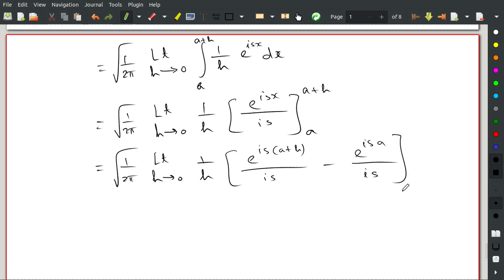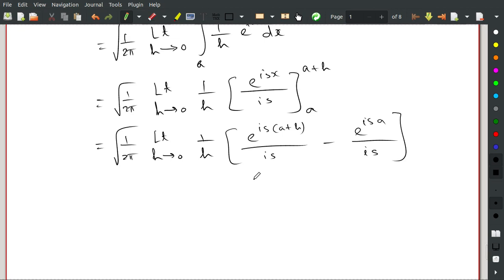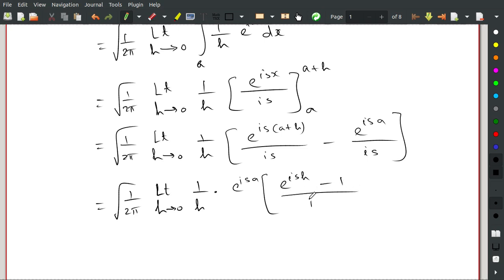Okay, so we can separate this one, and we can take e power isa as common. Therefore, we have root 1 by 2 pi, limit h tends to 0, 1 by h into e power isa, and we have e power ish minus 1 divided by is, and we can take this h inside.